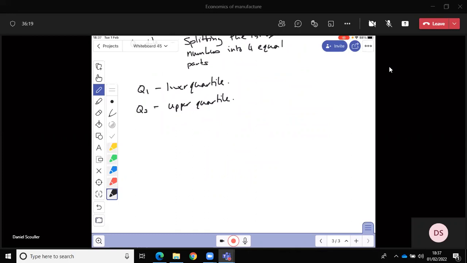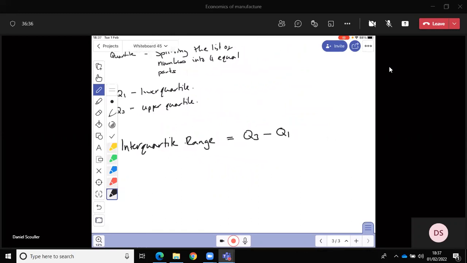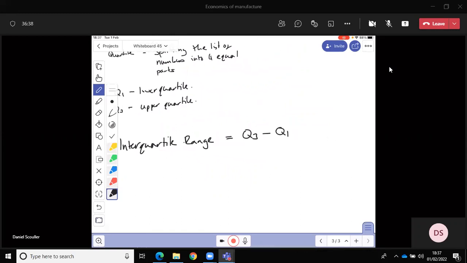The interquartile range is Q3 minus Q1. Okay.